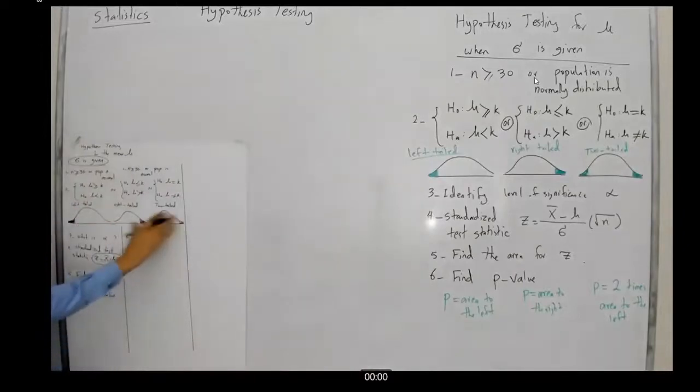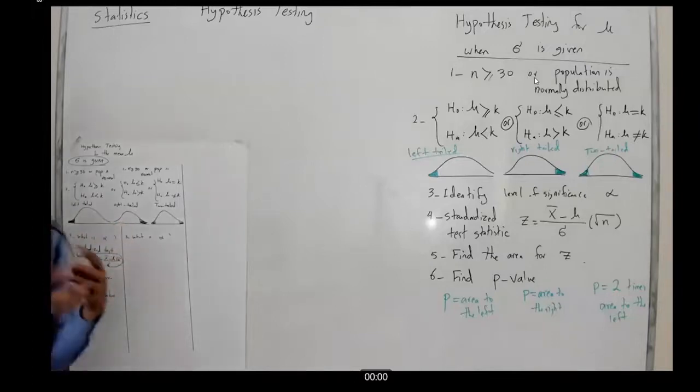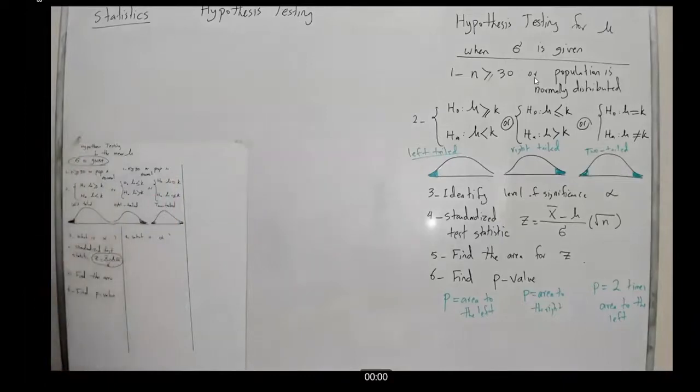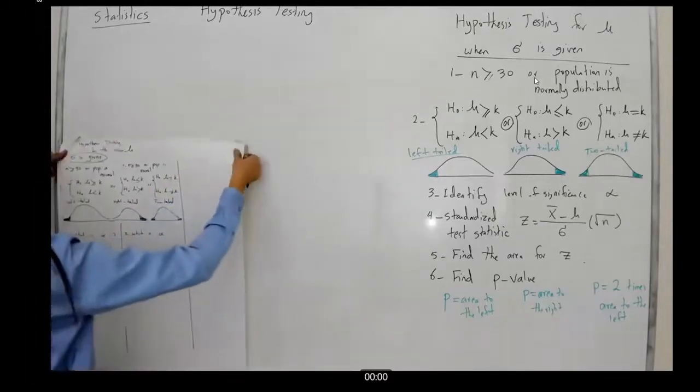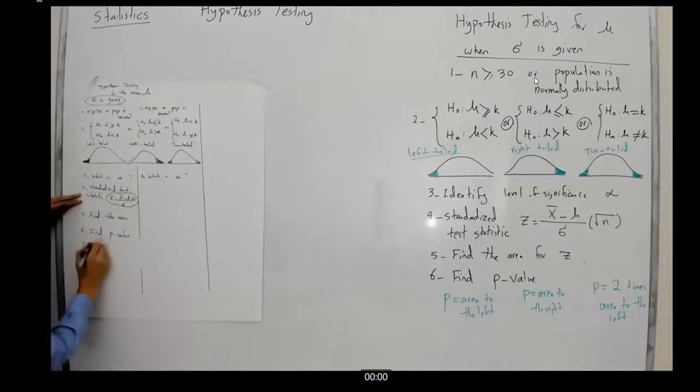Again, guys, this is very important. If you have a left-tailed graph, area to the left. If you have a right-tailed graph, area to the right. If you have a two-tailed graph, 2 times the area to the left. So P is equal to the area to the left.